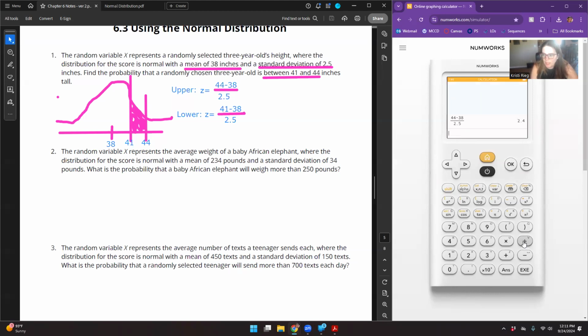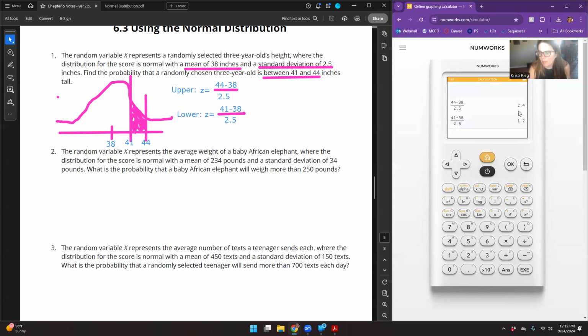So this will be the first answer. And for the second one, I can just copy this. I highlight it by using these up and over keys, and then you hit enter and it copies it. And I'm just going to change my 44 to a 41.